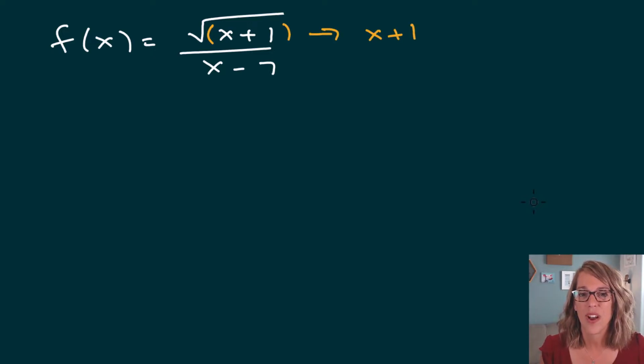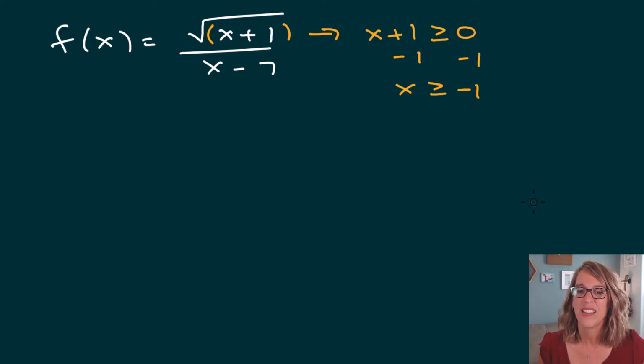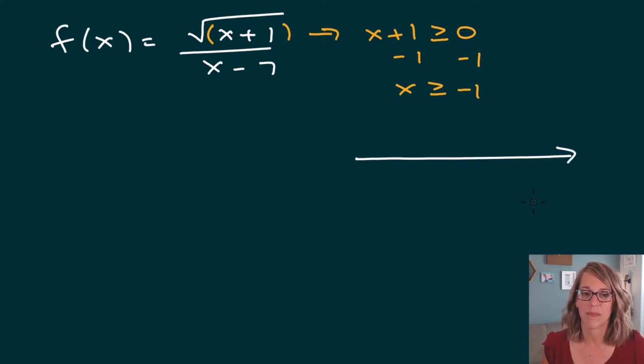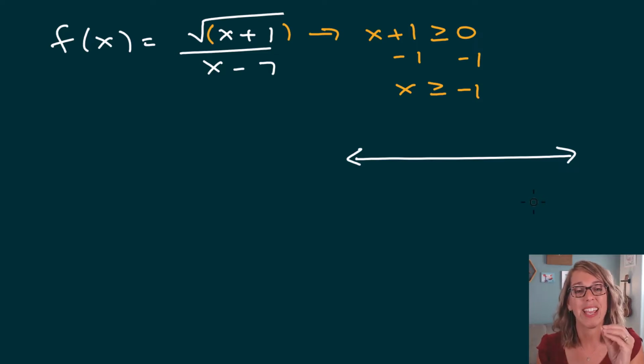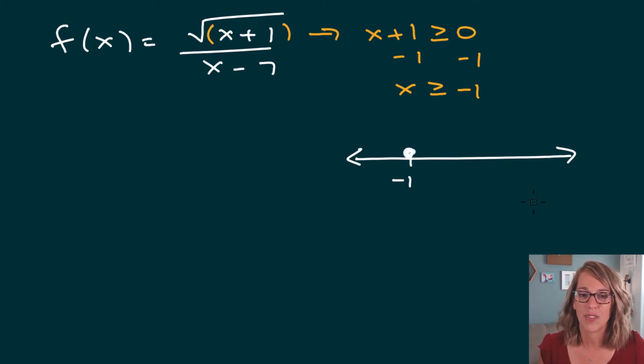So x plus 1 needs to be greater than or equal to 0. If I subtract the 1 from both sides, x needs to be greater than or equal to negative 1. This starts off my domain. So whatever I end up including, it can only be greater than or equal to negative 1. So here's negative 1. I'm going to include that, and then everything greater than or equal.